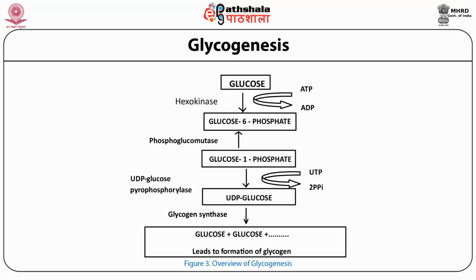Now, this UDP glucose is used for the synthesis of glycogen, and at the end of addition of many molecules of UDP glucose, it leads to the formation of glycogen.